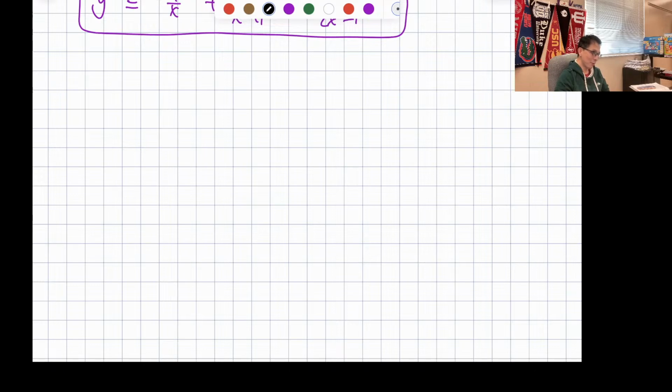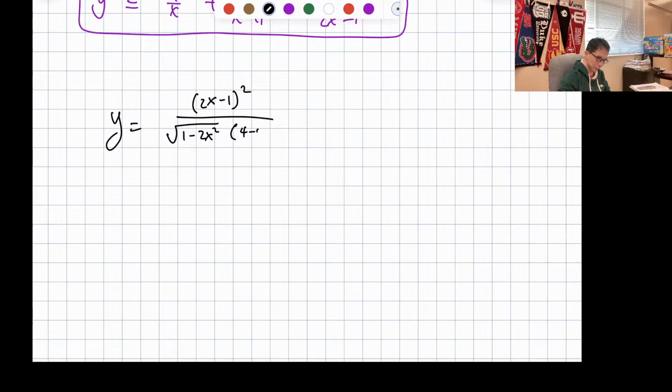All right. I'm going to give you a weird question. You're going to observe the difference between this question and the last question. So let's say 2x minus 1 to the second power. I have this function, and I say, hey, find y prime.